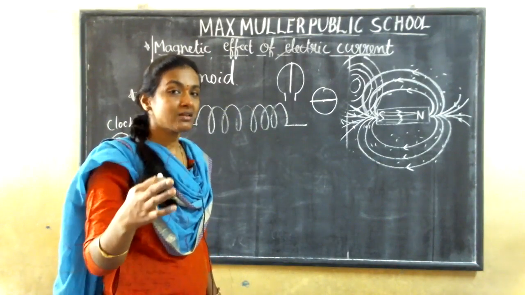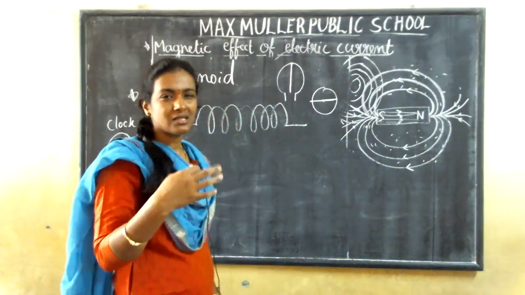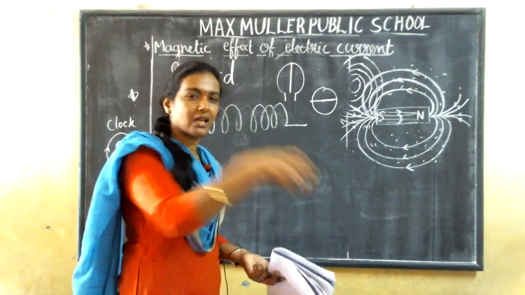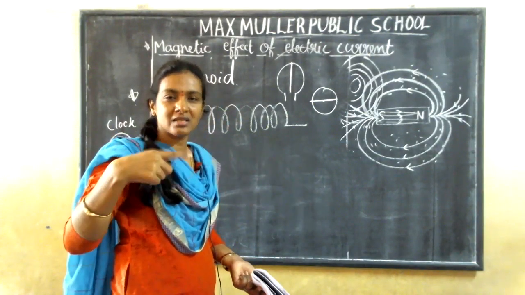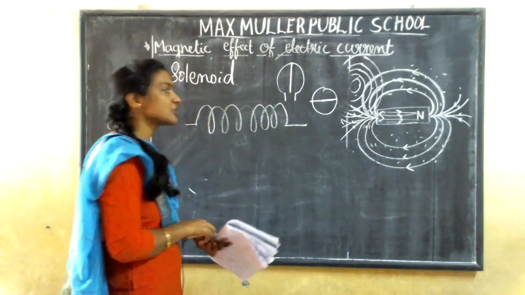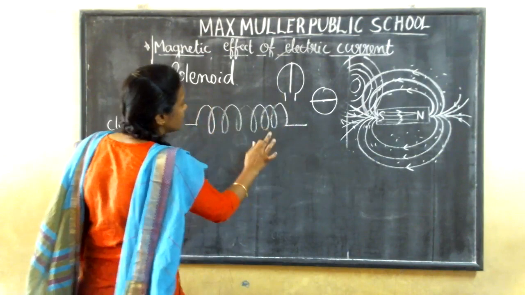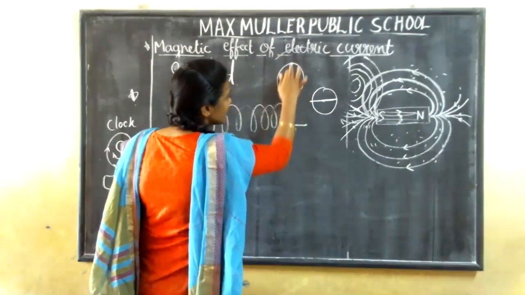And this should be wrapped. Wrapped means what, children? You need some safety, no? You can't go and touch any iron wire directly. Surrounding the iron wire, you will have some plastic, so it should not harm us. So the diameter should be less than the length of the wire. This is the length of the wire and this is the diameter.